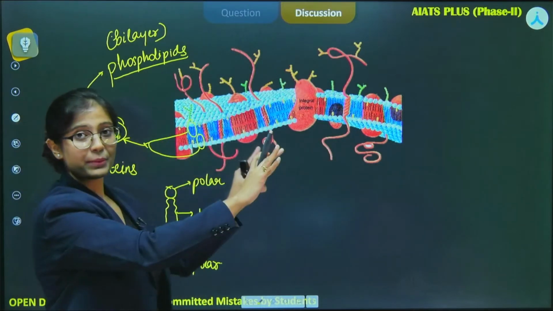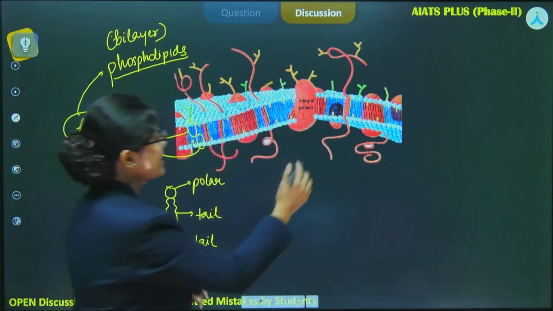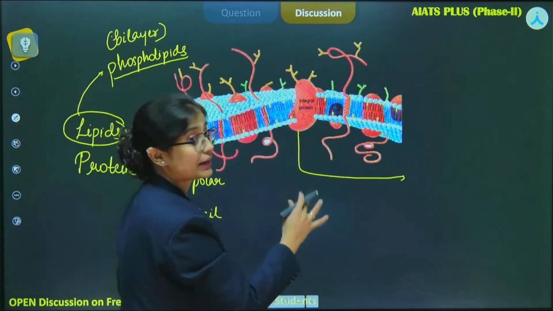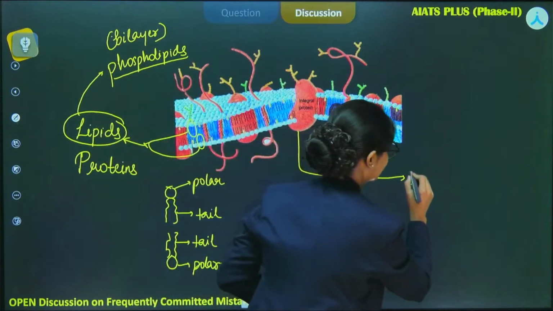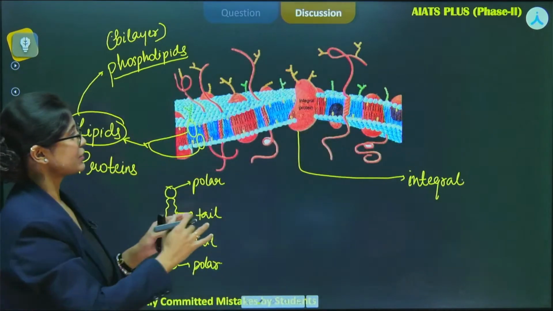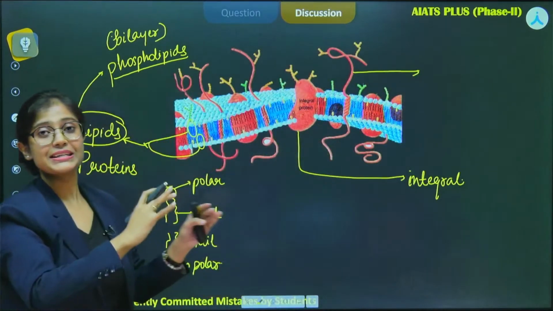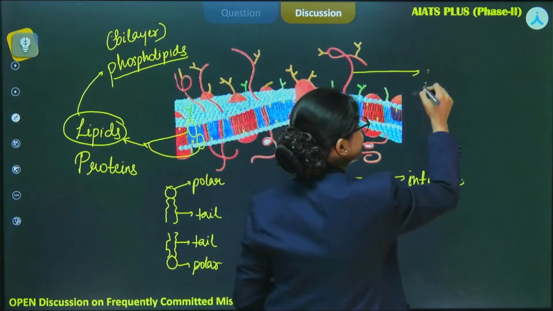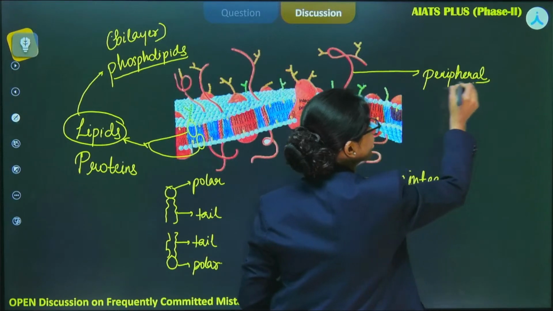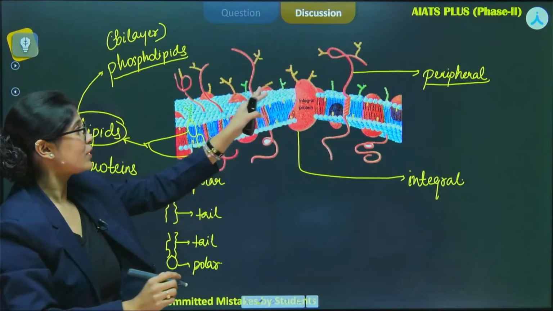Now, in the cell membrane, you can see that there are lots of structures which are protruding outside. This is the integral protein which is buried in the cell membrane or plasma membrane. These are integral proteins. And these are proteins which are present on the periphery. These are peripheral proteins which are present on the surface of the plasma membrane. Right? Along with that, they have the attachment of phospholipids.